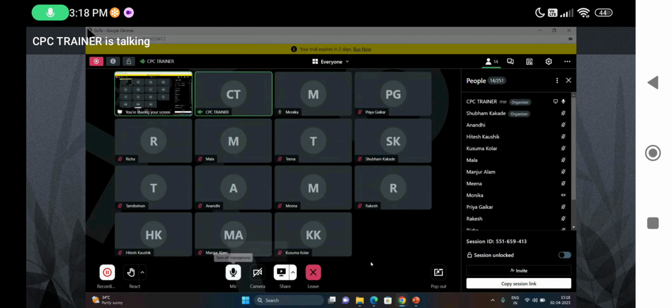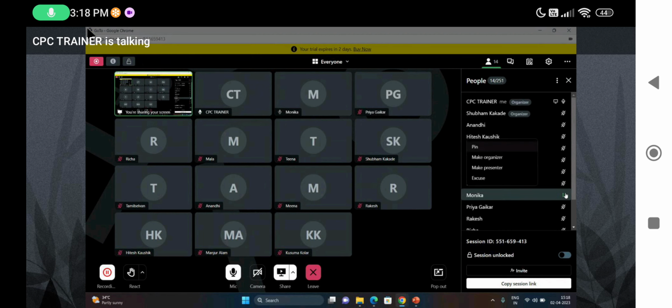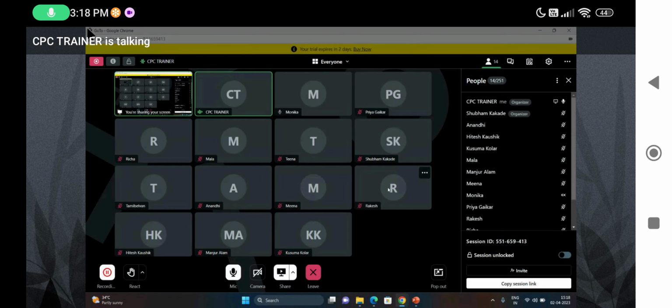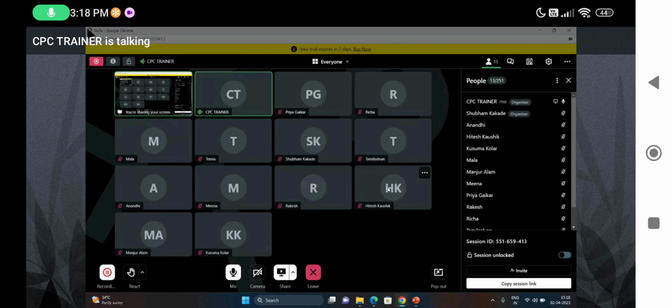Normally E&M means it's a service. The abbreviation you guys already know: it's called evaluation and management. For example, you have a fever. What do you do? You directly go to the hospital and meet the doctor. Whenever you enter the hospital, first the provider does the examination.